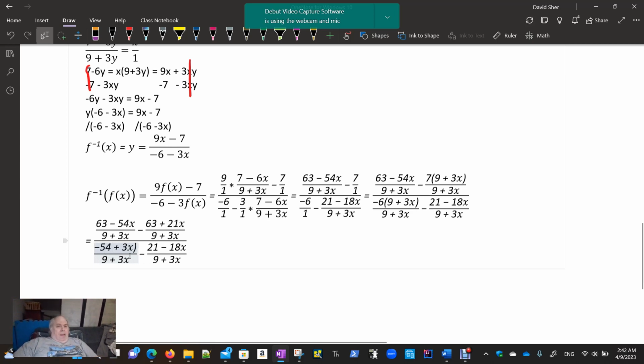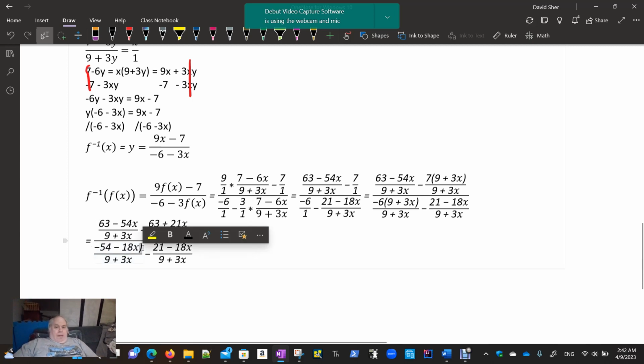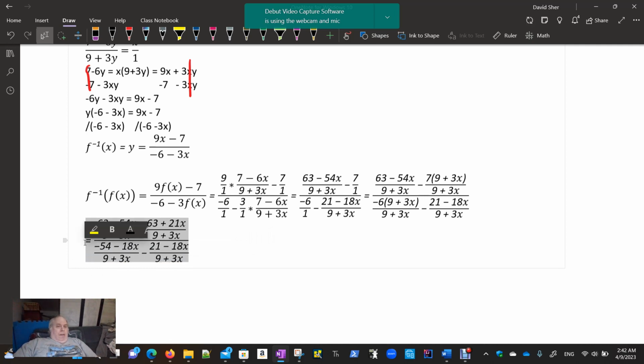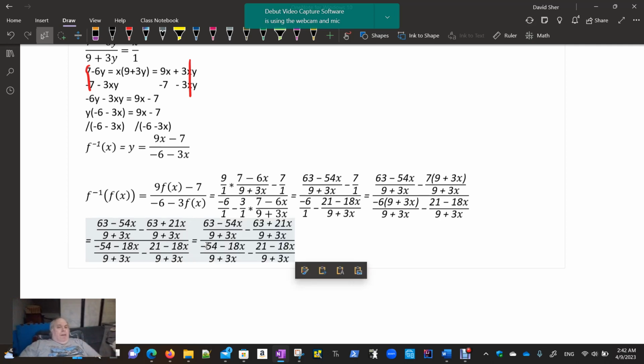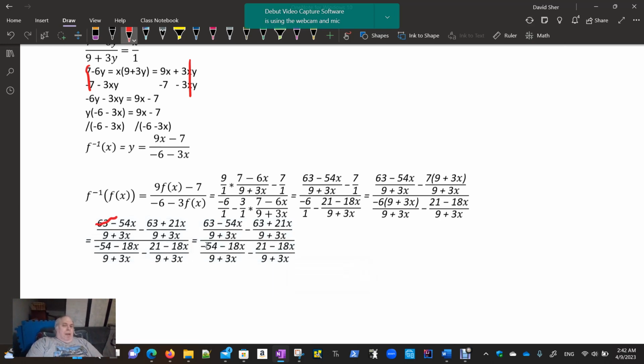And negative 6 times 3 is going to turn into minus 18. So, the 63 minus 63 on the top is going to cancel. And the minus 18 over here is going to cancel.